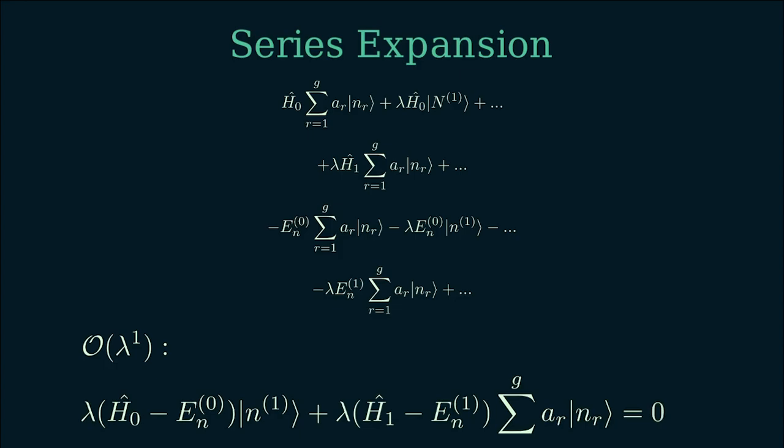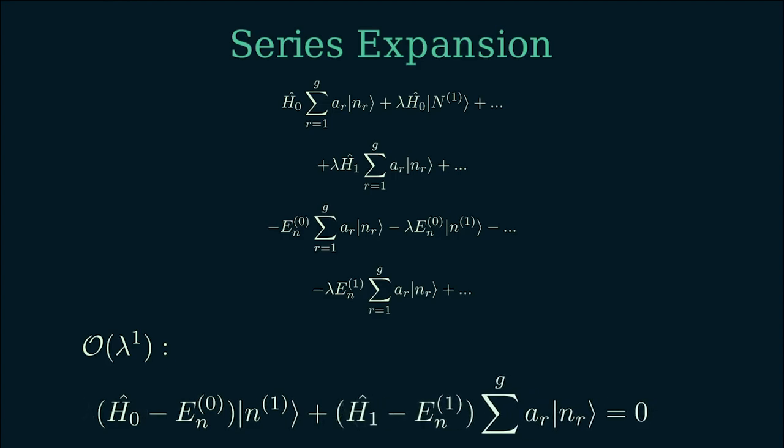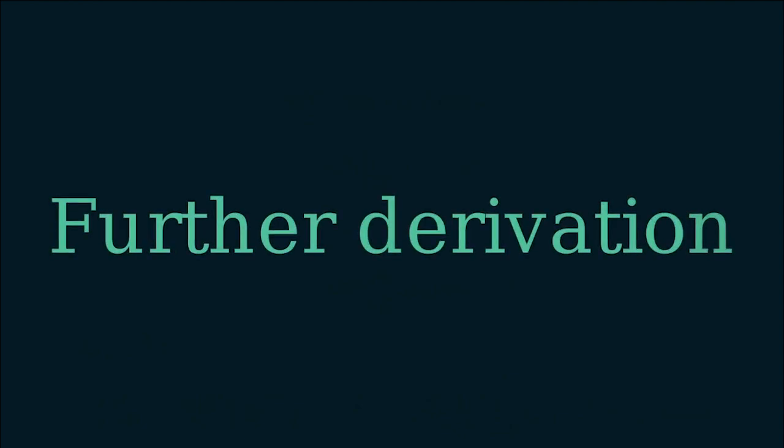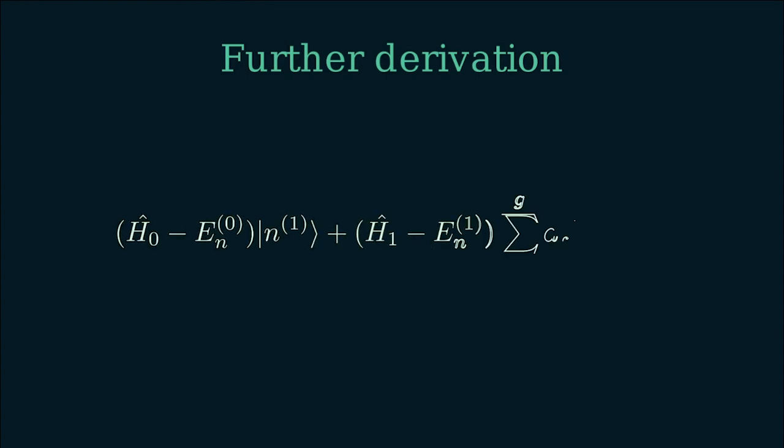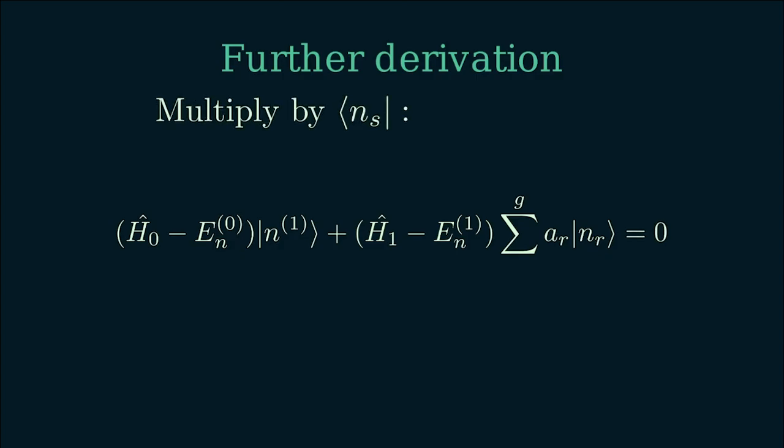Now we'll simplify this equation by dividing through by lambda and obtain the following. So this is the equation that we arrived at. And moving ahead, we will multiply this by the bra ns.